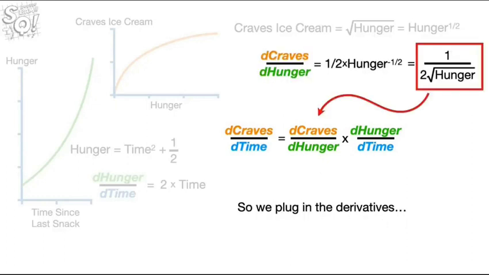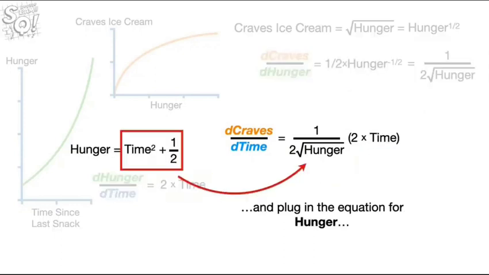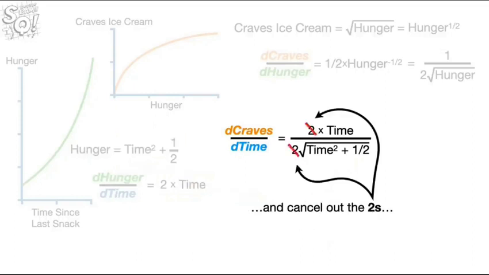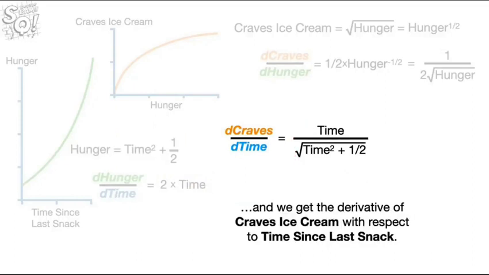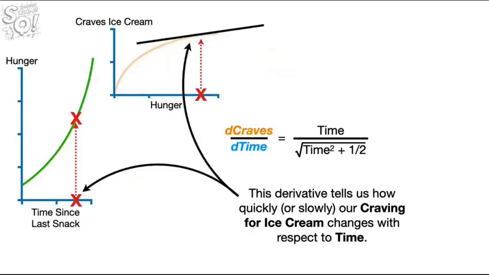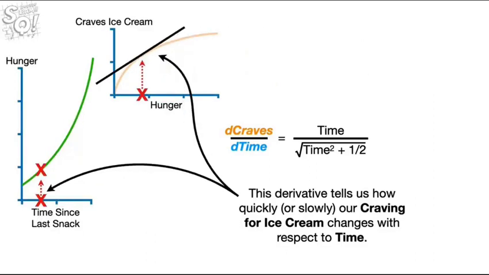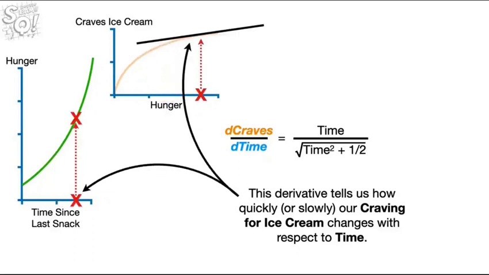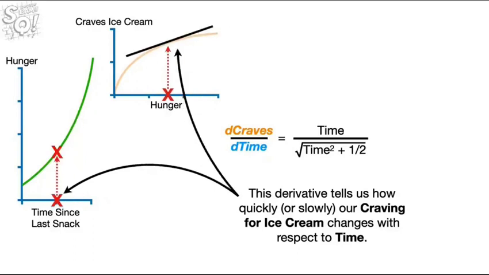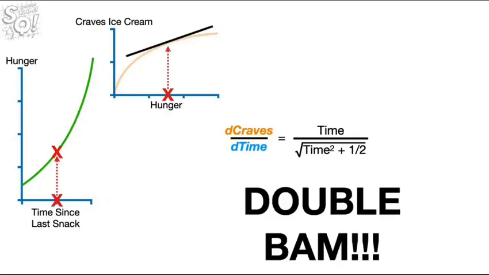So we plug in the derivatives, and plug in the equation for hunger, and cancel out the 2's, and we get the derivative of craves ice cream with respect to time since last snack. This derivative tells us how quickly, or slowly, our craving for ice cream changes with respect to time. Double bam!